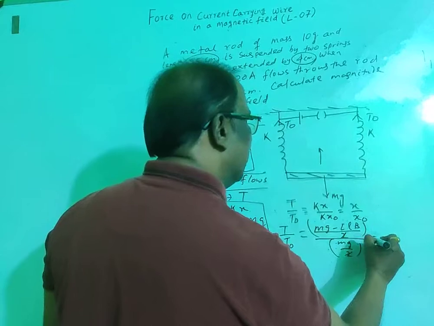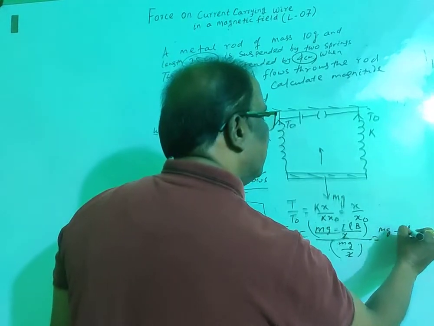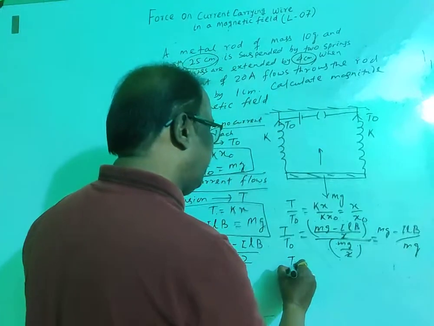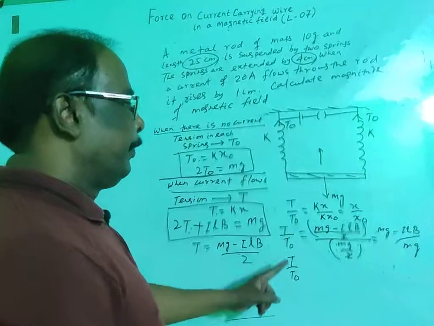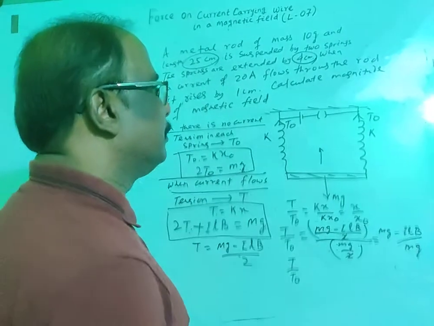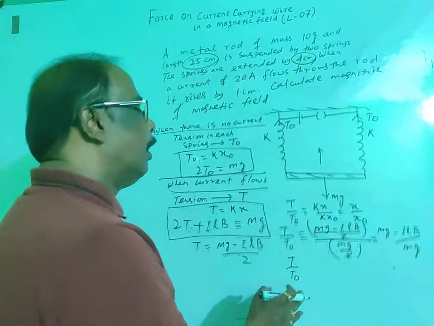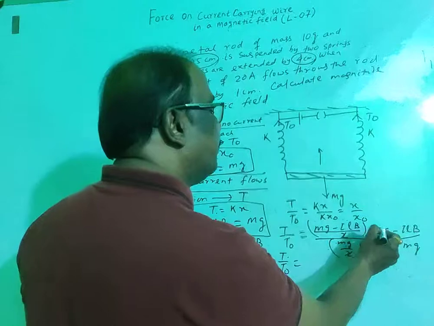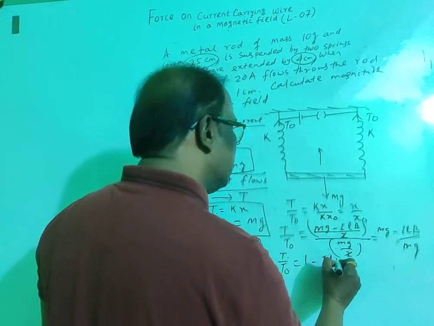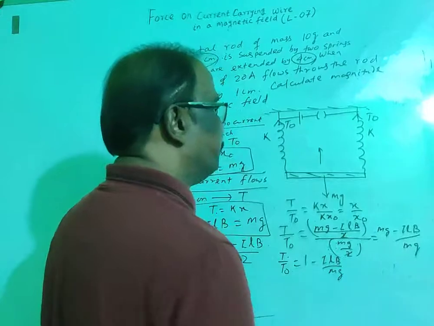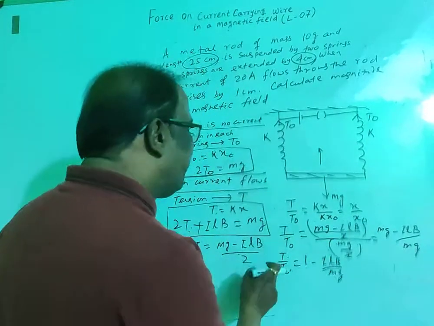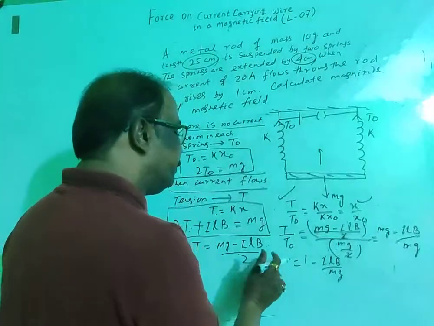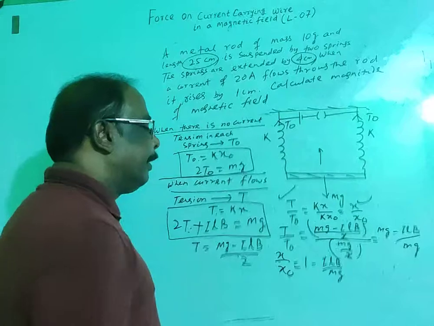The 2 gets cancelled and it becomes (mg minus ILB) divided by mg. So T divided by T naught is 1 minus ILB by mg, and in place of T by T naught we can put x by x naught.